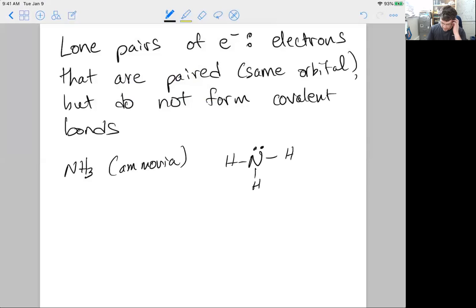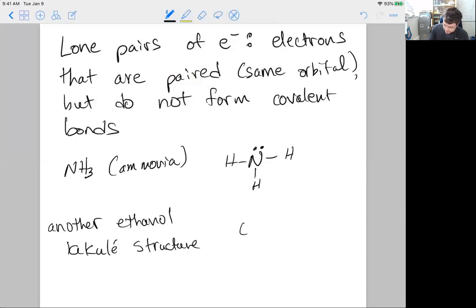Okay. I should add that we could have another ethanol Kekule structure. Another ethanol Kekule structure could be one where the lone pairs of electrons, I can use that term now, those paired up electrons that are not shared with another element, can change positions and be in different quadrants around the atom.